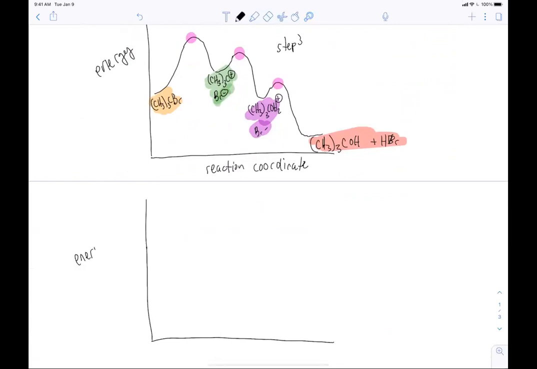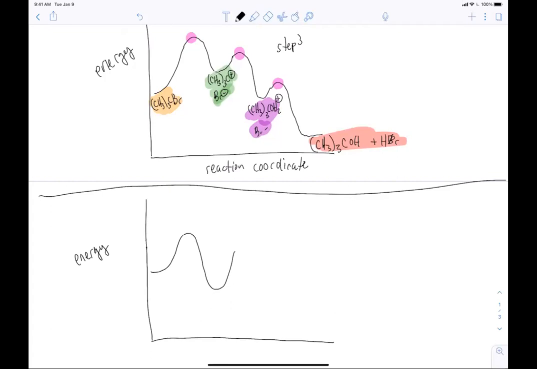If we're just looking at a hypothetical reaction, I could have a reaction coordinate diagram. Let's look at this through a problem. Let me think for a second.